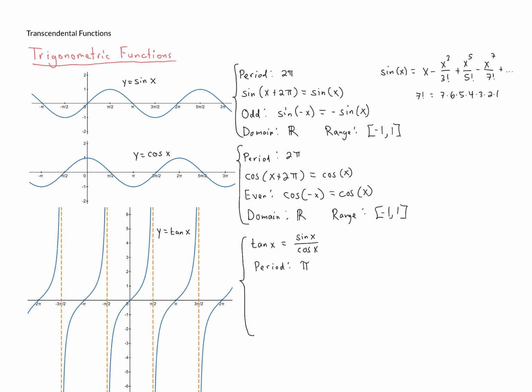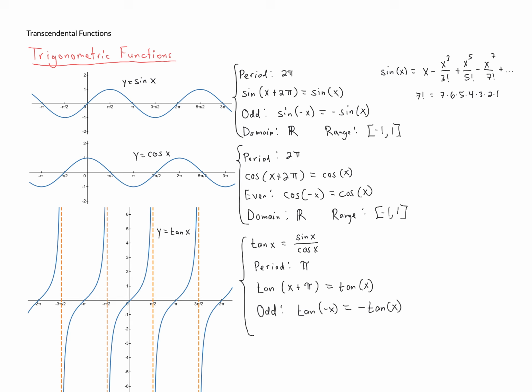That means that tangent of x plus pi is equal to tangent of x. We also note that this is an odd function. We can see that it's symmetric about the origin. And so because it's an odd function, that tells us tangent of the opposite of x is equal to the opposite of tangent of x.